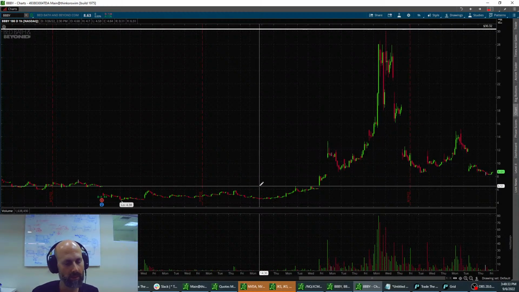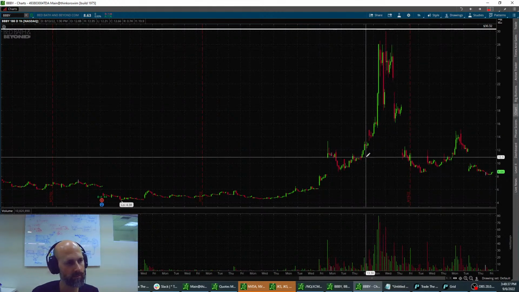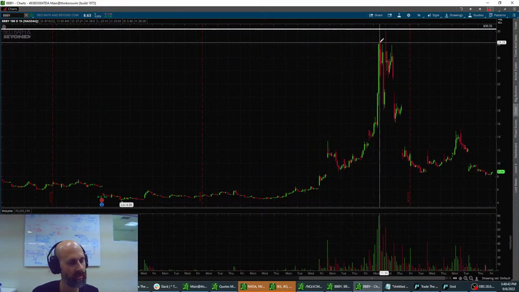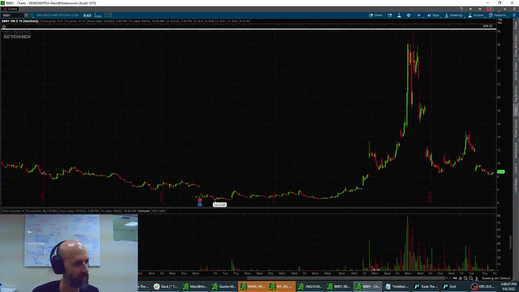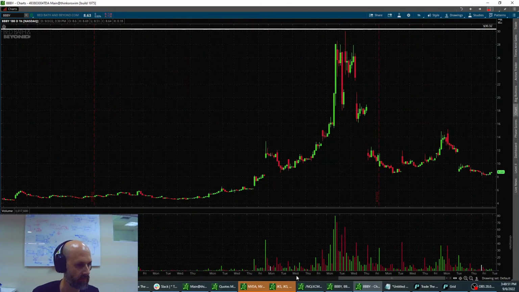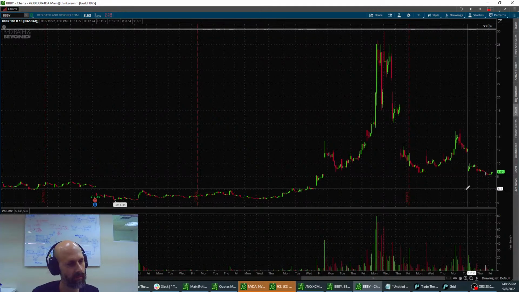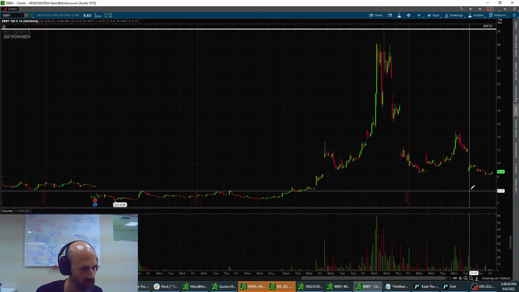Classic manipulation, right? They pump up stocks, guys from Reddit and whatever push the price up, and then at the right time, just sell everything and the price drops down to the same exact price it was before the pump. So at the moment trading around 7.30.